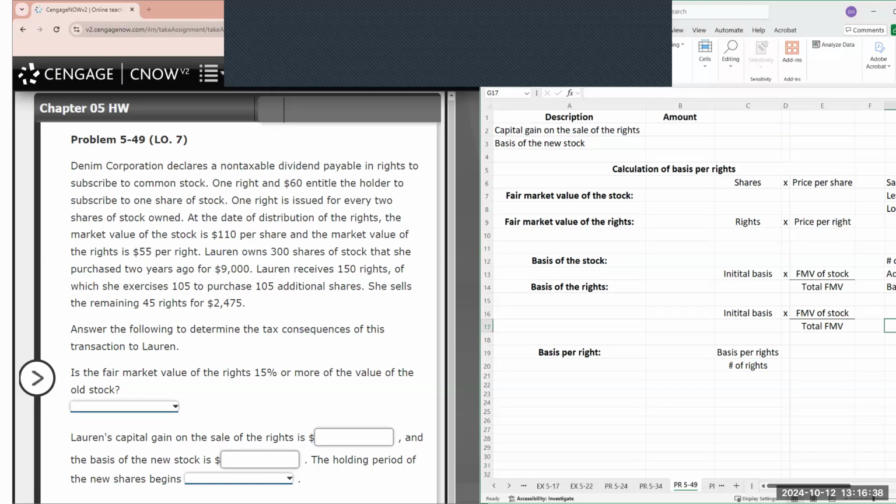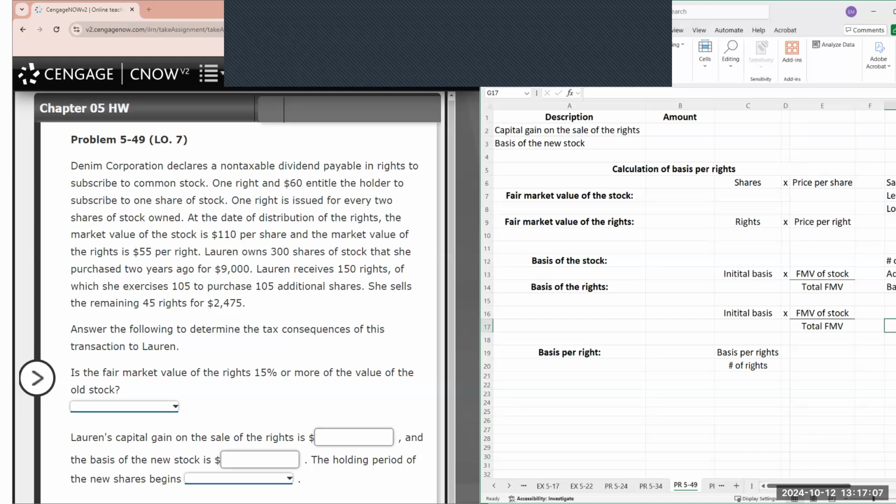At the date of distribution of the rights, the market value of the stock is $110 per share, and the market value of the rights is $55 per right. Lauren owns 300 shares of stock that she purchased 2 years ago for $9,000. Lauren receives 150 rights, of which she exercises 105 to purchase 105 additional shares.